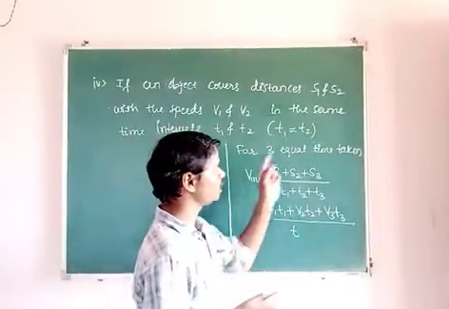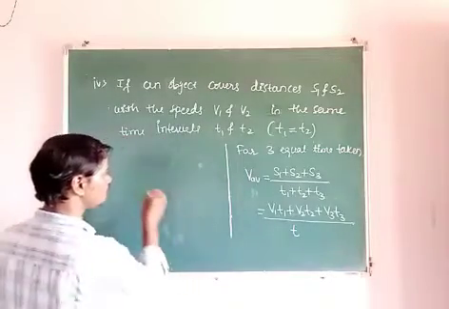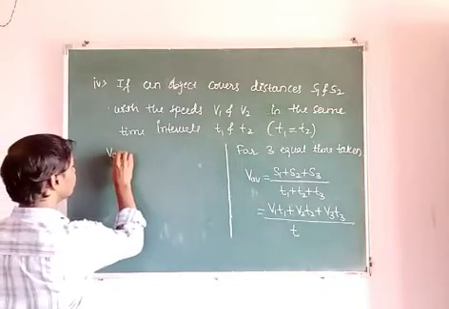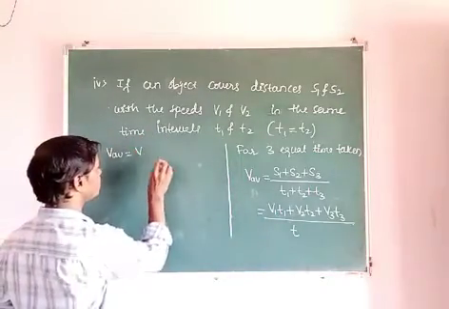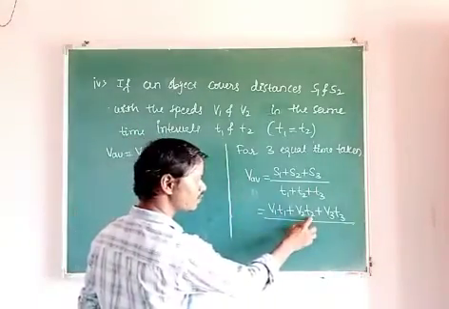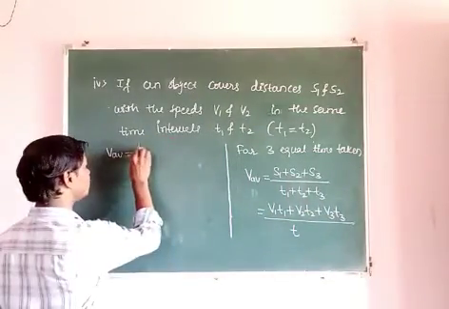If 3 equal times are given, then what is the average speed formula? See here, V average is equal to V1, T1 is nothing but T by 3, T2 is T by 3, T3 is also T by 3. Then what is common here? T by 3 is common.